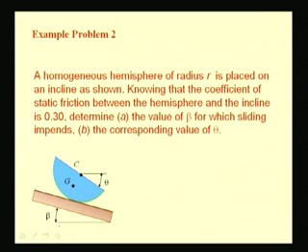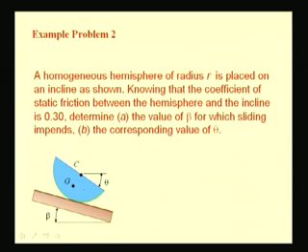Here you see a homogeneous hemisphere of radius r placed on this inclined plane. This is making an angle of beta with respect to the horizontal, and for any given position this hemisphere also makes an angle theta. That means, the diametrical plane makes an angle theta with respect to the horizontal plane.